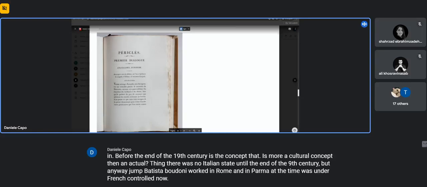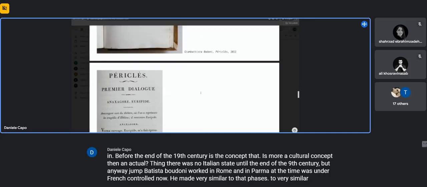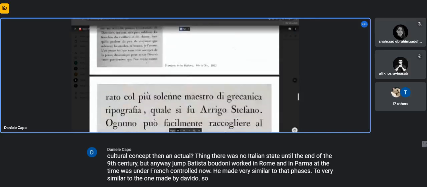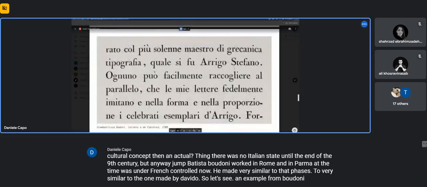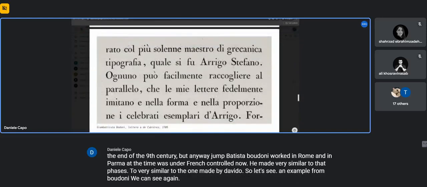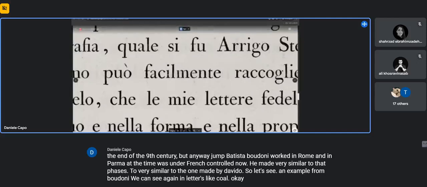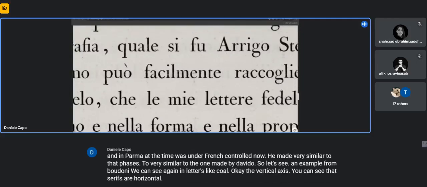Now, he made typefaces very similar to the ones made by the Didot. So let's see an example from Bodoni. We can see again in letters like O the vertical axis. You can see that serifs are horizontal straight lines.